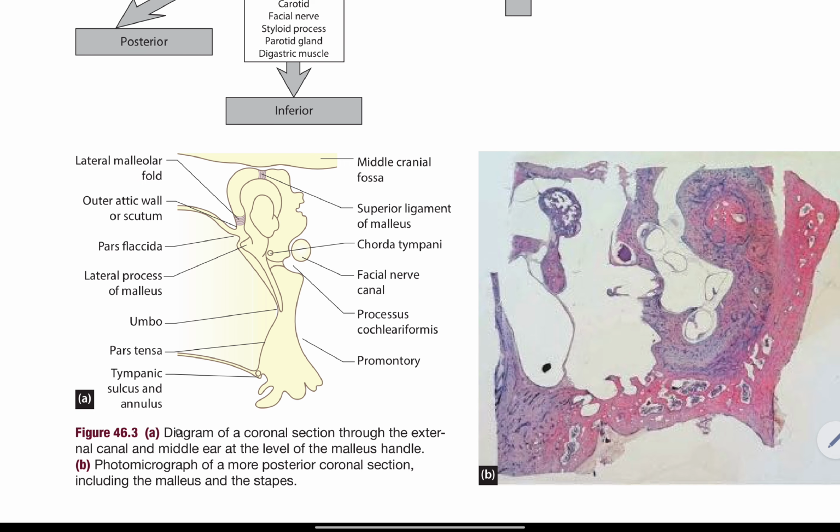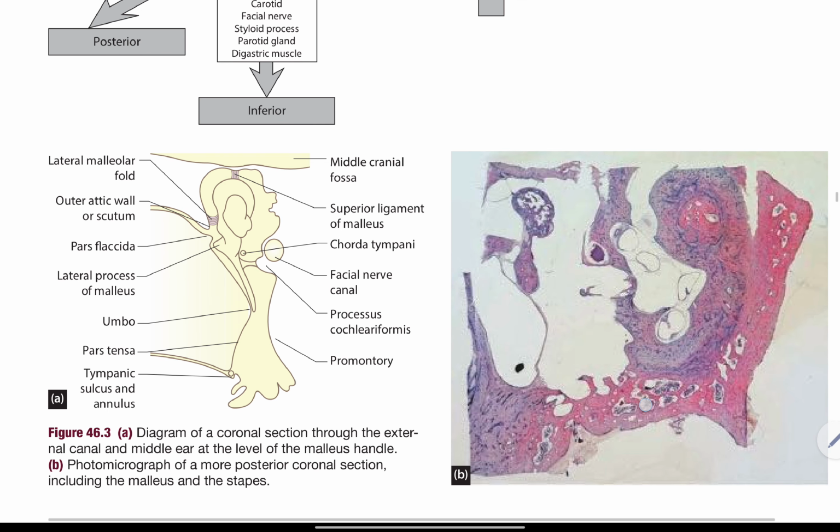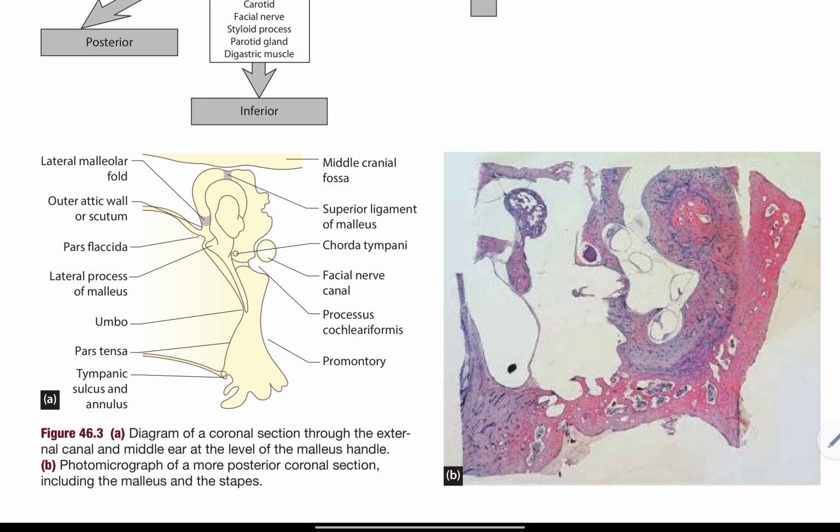Figure 46.3a, diagram of the cross section of the external canal and middle ear at the level of the malleus handle. B is a photomicrograph of a more posterior coronal section, including malleus and the stapes. This is the lateral malleolar fold. This is the superior ligament of malleus.